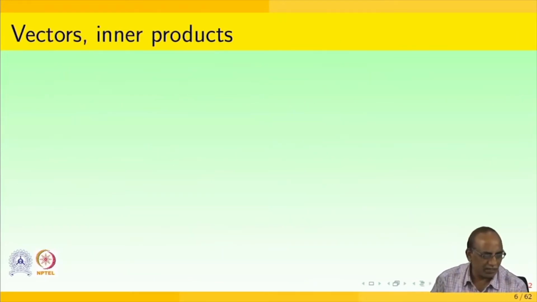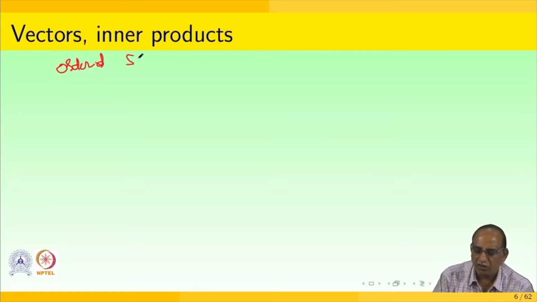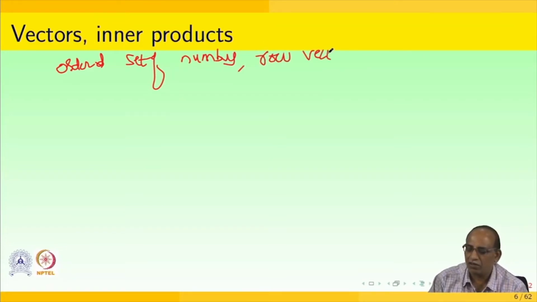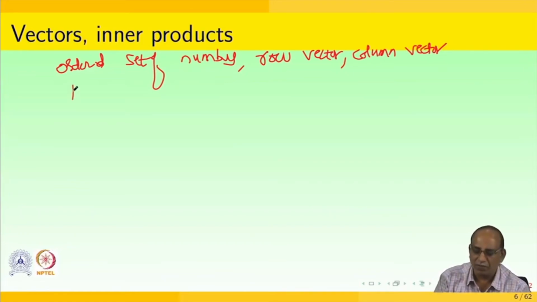When it comes to vectors, we know it's an ordered set of numbers. That is what we call vectors. Then we have a row vector and a column vector. And we have different properties.